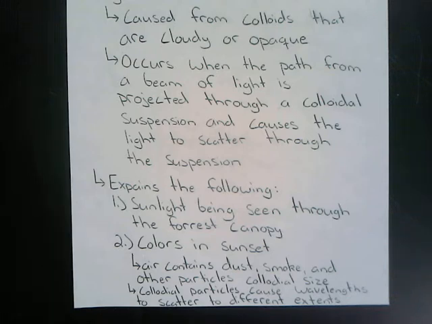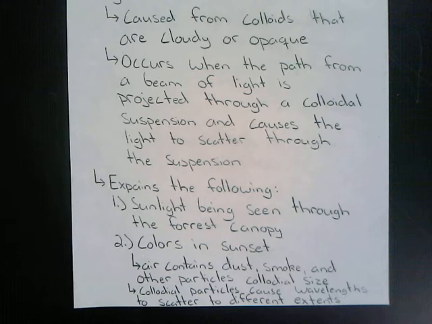Now, as light scatters to different wavelengths, what happens is you see different colors, and that's why you see those pretty sunsets. It's all because the air in Earth's atmosphere has those colloidal particles and forms a colloid in air.